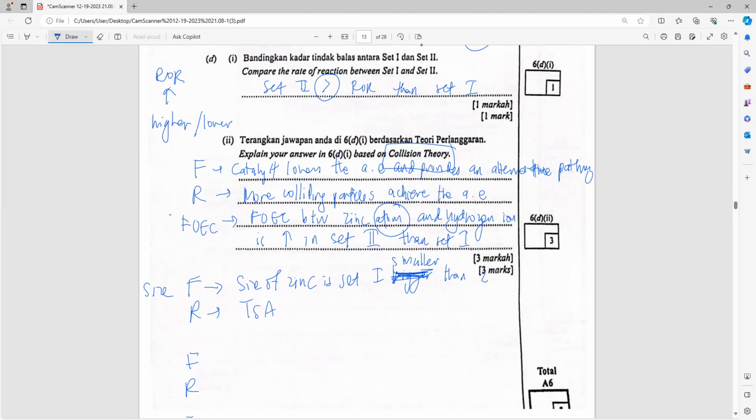Of zinc is bigger. Total surface area is bigger. The word must be bigger. When your size is smaller, your total surface area is bigger in set 1 compared to set 2.